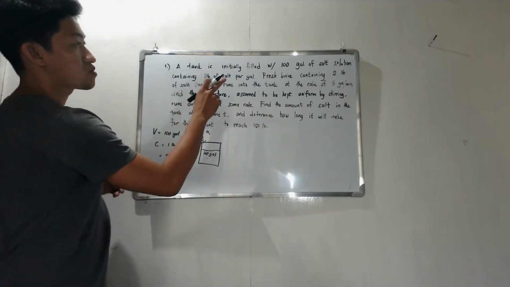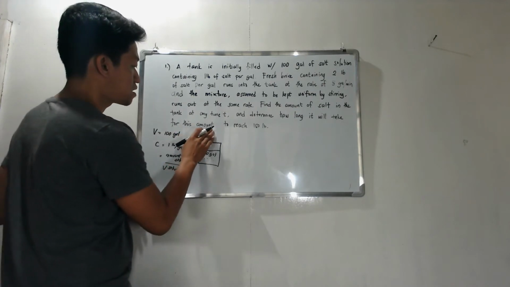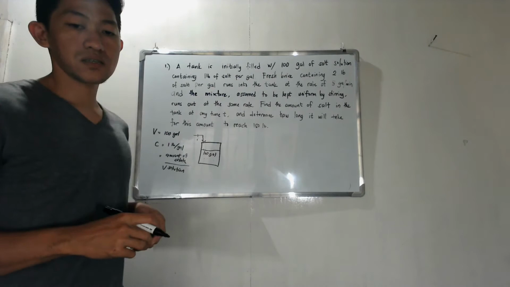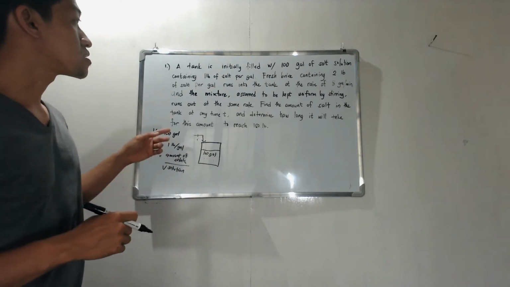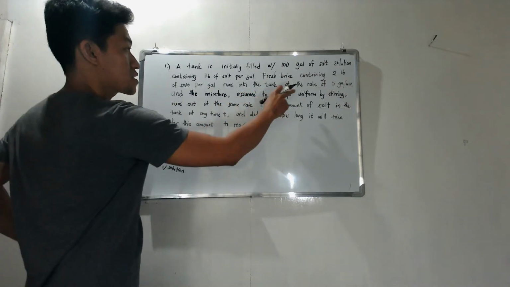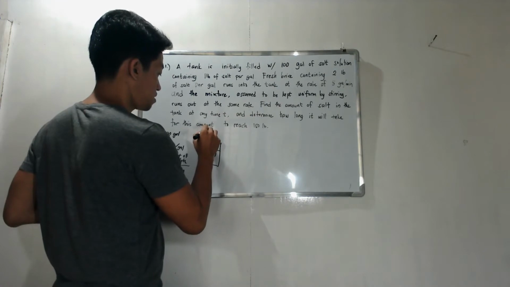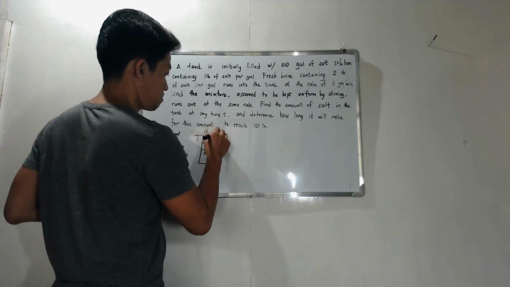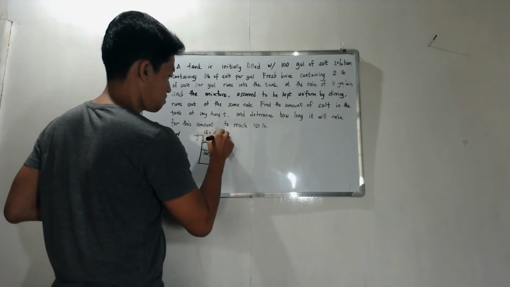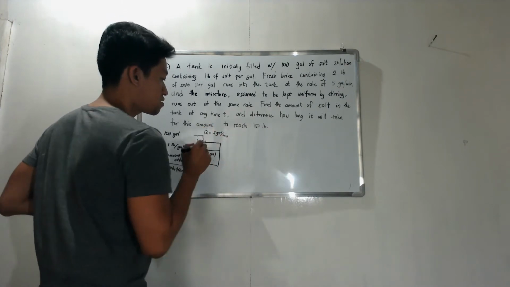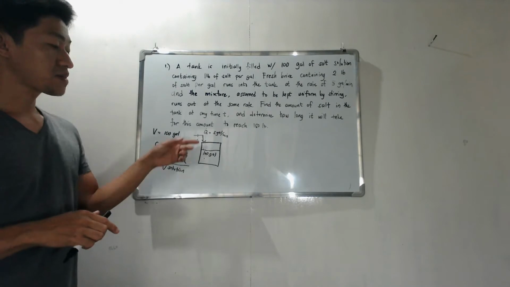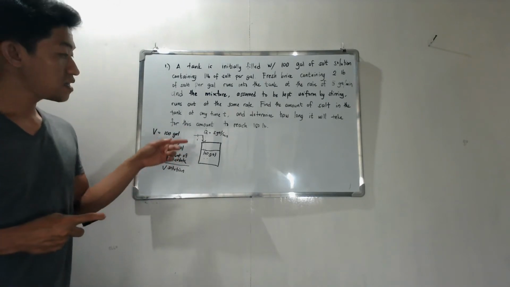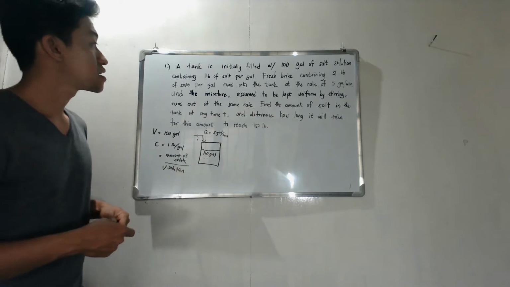By the way, brine is just salt water solution at the rate of 5 gallons per minute. So this is the volume flow rate that is coming into the tank.